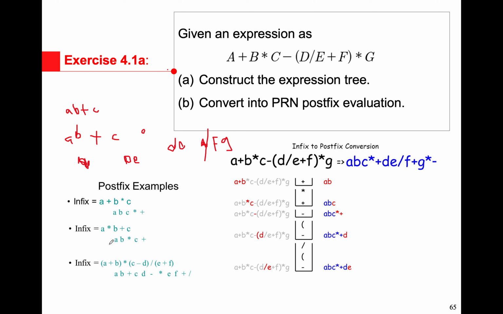So you will do A, B from left to your right. You have A, and then you have multiplication. So this one is the parity. It's going to be parity first. You put this multiplication into the stack, and you meet the B over here.